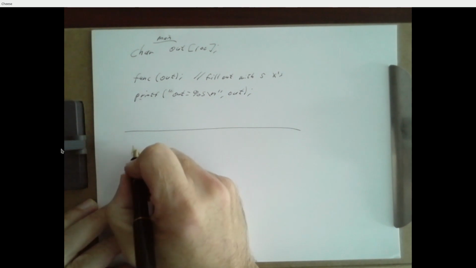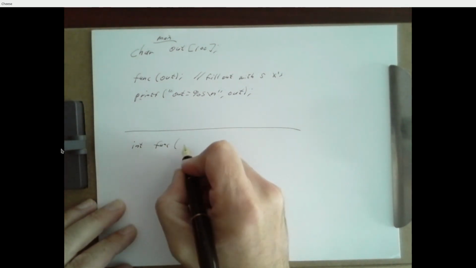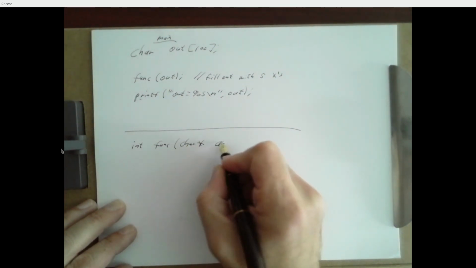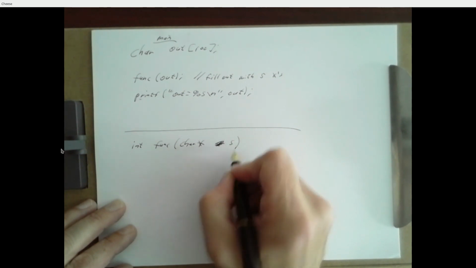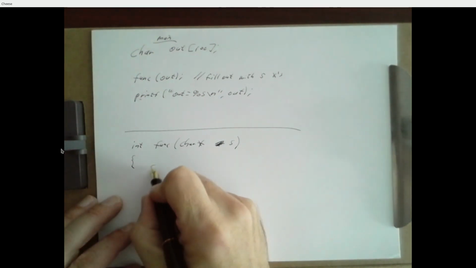So let me do this. Integer function, character pointer, and I'm just going to call this S. And suppose we do the following.